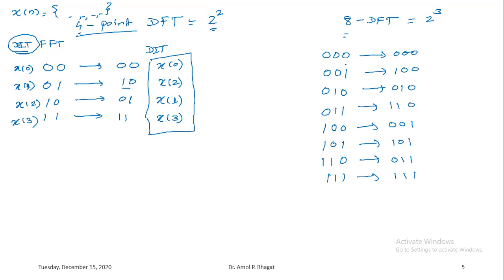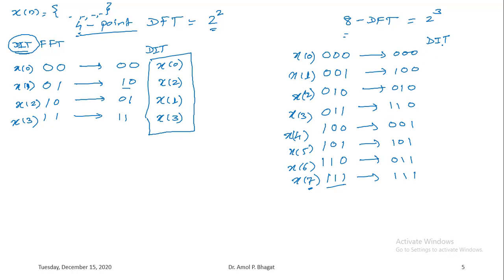If it is 8-point DFT, this is your x of 0, x of 1, the sequential order of input samples, x of 2, x of 3, x of 4, x of 5, x of 6, and x of 7. So all these represent the input samples, the 8 points specified in the input, right? But if it is DIT FFT, again in case of DIT FFT your input will be in a different order because you are decimating in time.